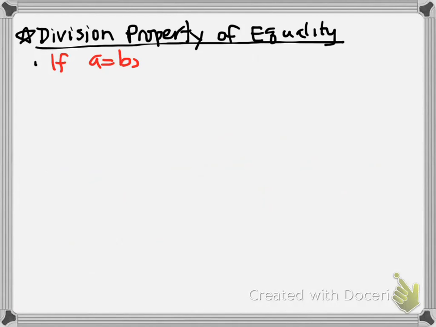Oh, sorry, I have to make a stipulation. And C does not equal 0, then A divided by C equals B divided by C.